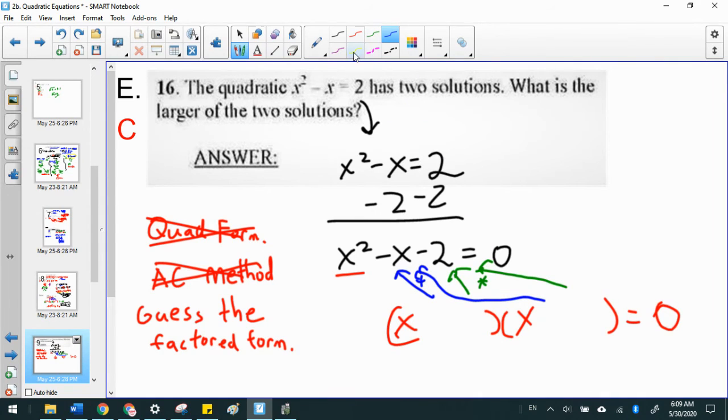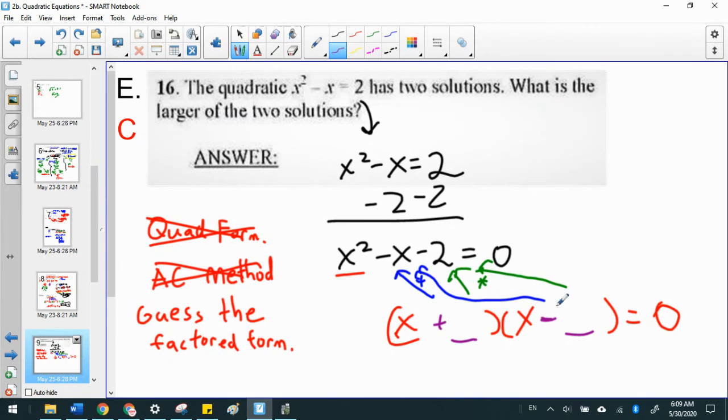So for the numbers inside the binomials, I know that I am going to be adding and subtracting by these two numbers because they multiply into a negative value. And because I know that the b value here is negative, when I add these two numbers together, I'm supposed to end up with a negative result, so the bigger number should be put over here.